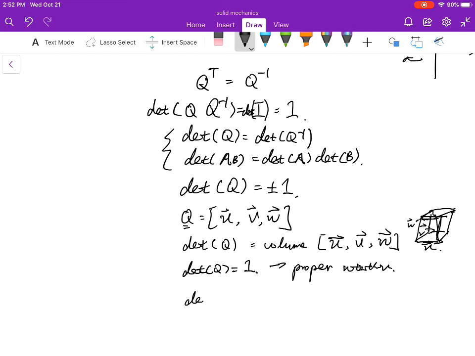And if the determinant of Q equals minus 1, that corresponds to a reflection. As you can imagine, the volume becomes negative, so it's like a reflection with respect to the coordinate.